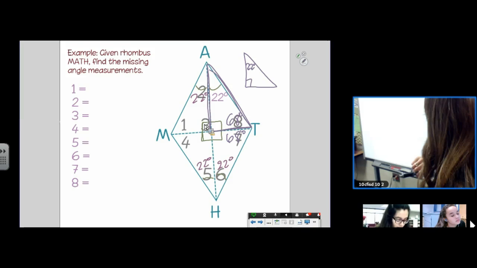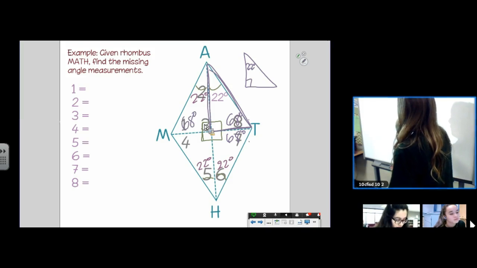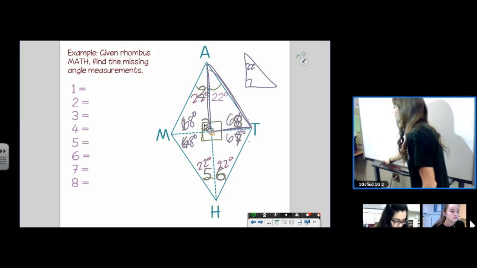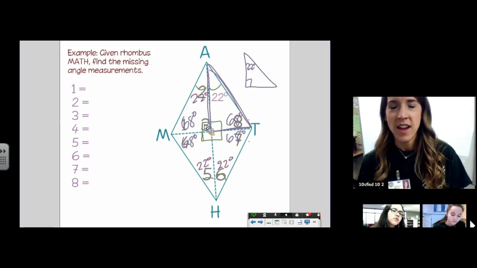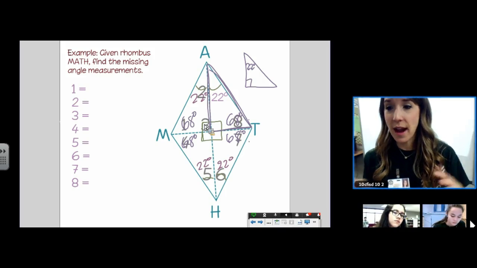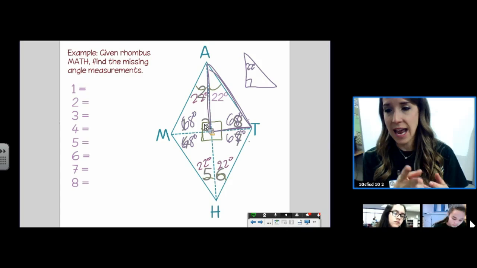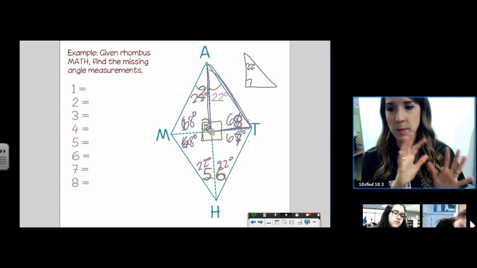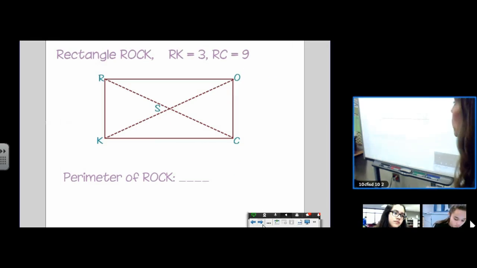The diagonals bisect the angles, so 68, 68, 68, 68. How many different angles are in this picture? I mean, if you don't count 90, there's only 2 different angles, right, at the exterior. So in a rhombus, that'll happen every time. There will only be 2 different angles. There'll just be 4 of each of them. Yep.